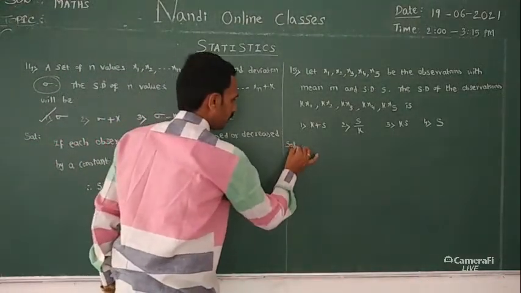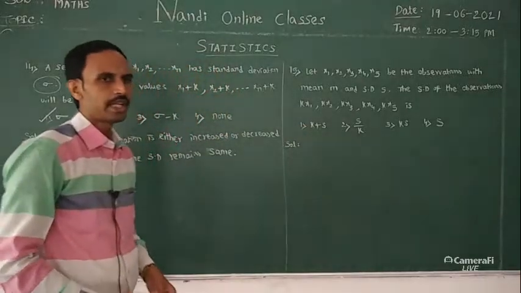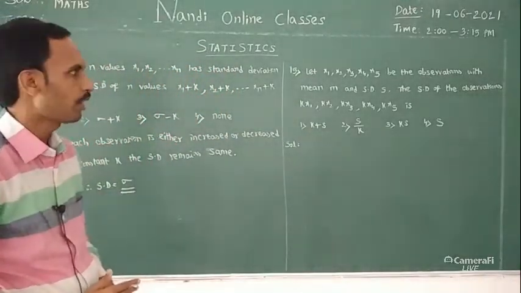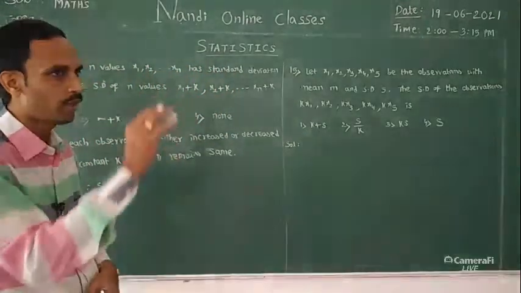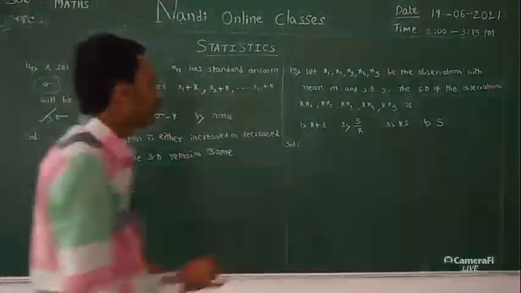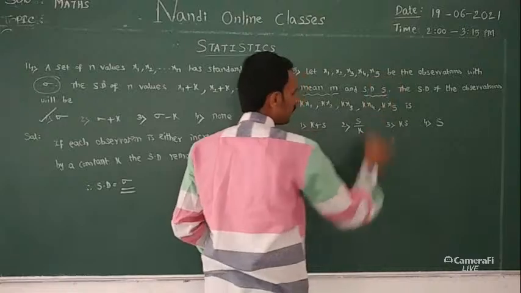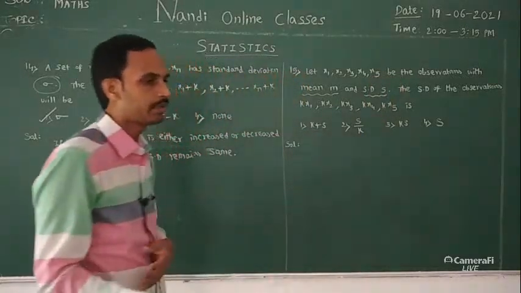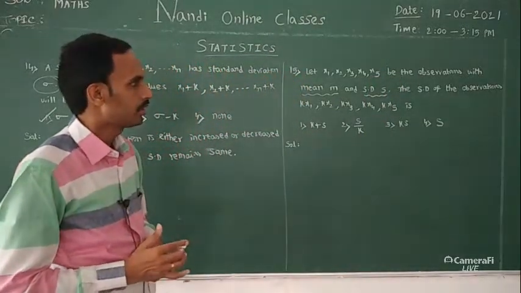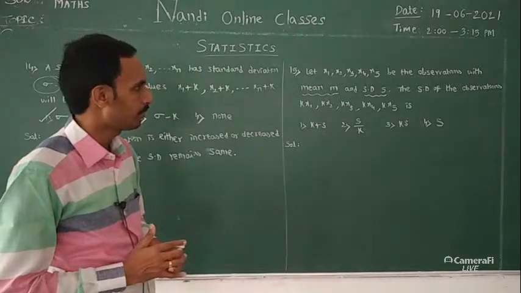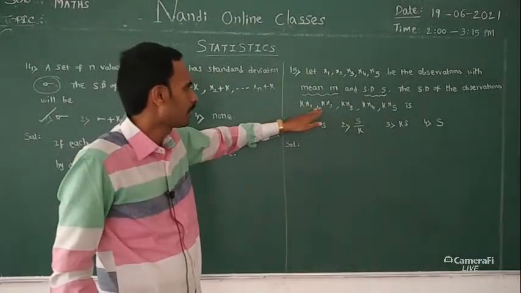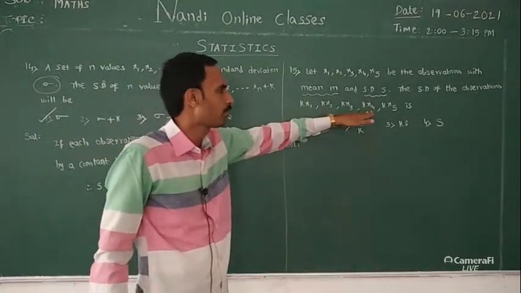Okay, solution. Understand the question. Let x1, x2, x3, x4, x5 be the observations. Here 5 observations are given. Mean is m. Standard deviation is given as s. We have to find the standard deviation of the observations kx1, kx2, kx3, kx4, kx5.